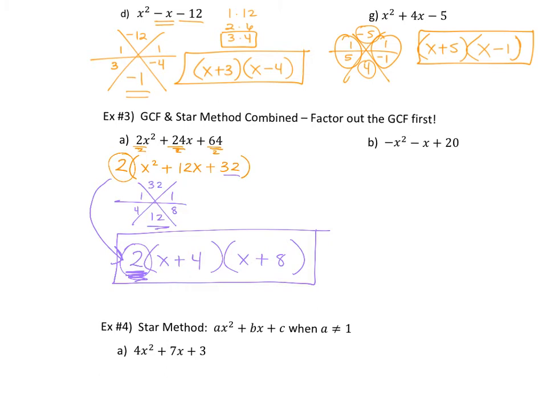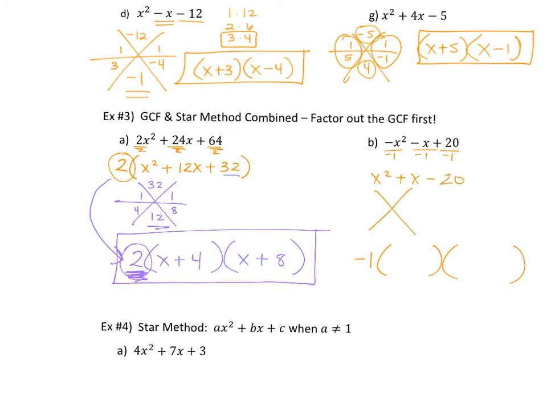This one, the thing that you can factor out is a negative 1. So if I factor out a negative 1, I'm going to be left with this as my answer. We just don't know what's going to go in its place yet. If I factor out negative 1, I get x squared plus x minus 20.